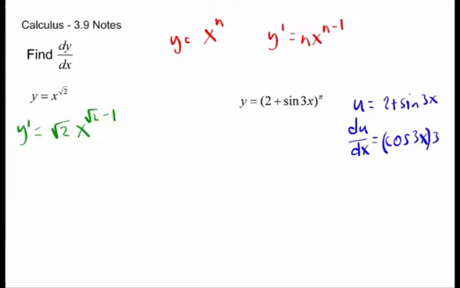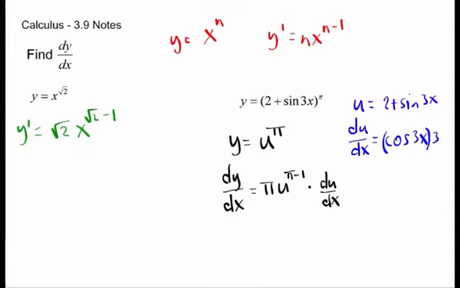And so now what we're looking at is y equals u to the pi power. Well, take the derivative of that. dy dx is equal to pi times u to the pi minus 1 times du dx. And what is du dx? 3 cosine 3x.